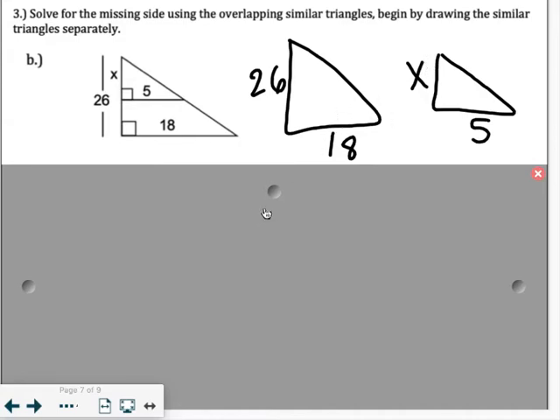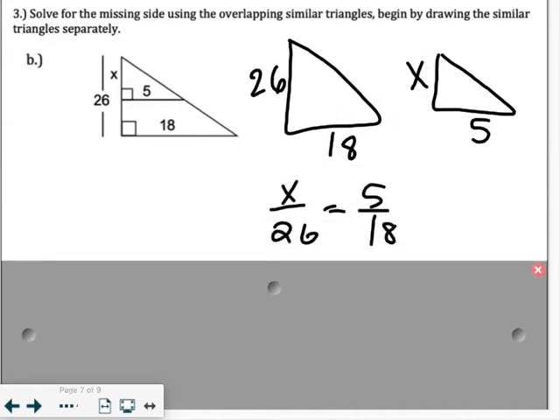Once you have those drawn out and labeled, then we again set up a proportion because the triangles are similar. Maybe x over 26 equals 5 over 18. Again, there's lots of ways to do this. You might write 26 over x equals 18 over 5.